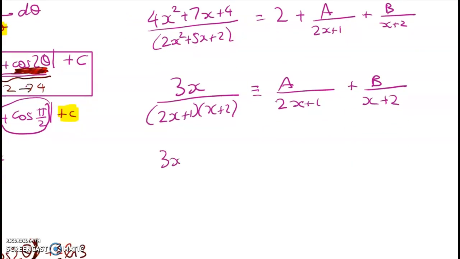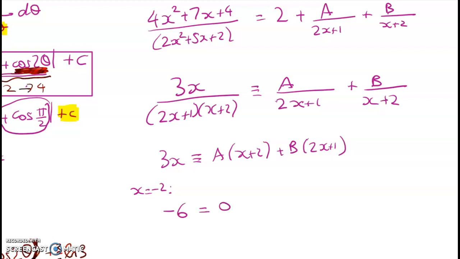3x is identically equal to a times x plus 2 plus b times 2x plus 1. I'm going to sub in x equals negative 2, and we get negative 6 is equal to 0 plus b times negative 4 plus 1, which gives me negative 3.